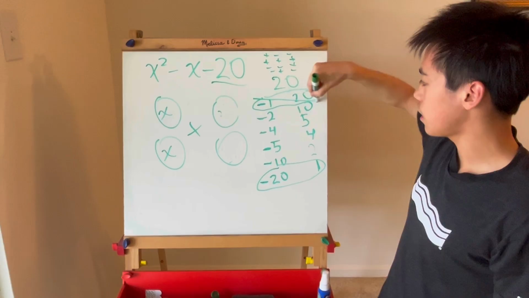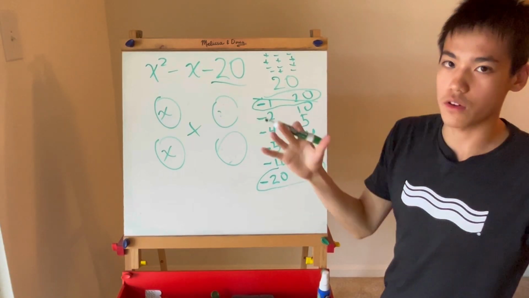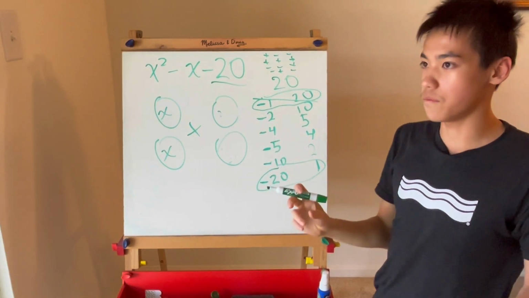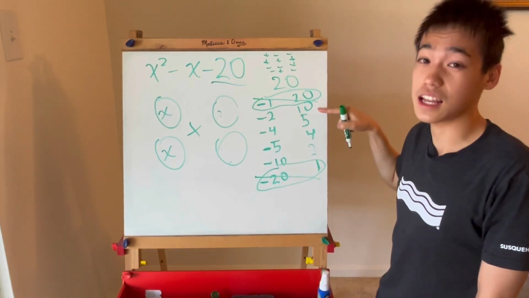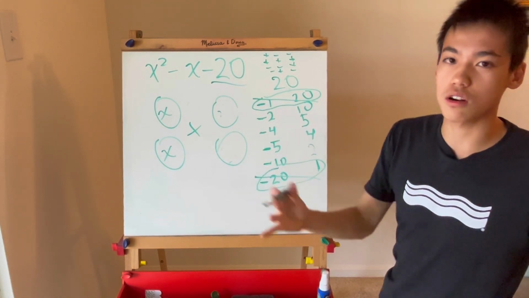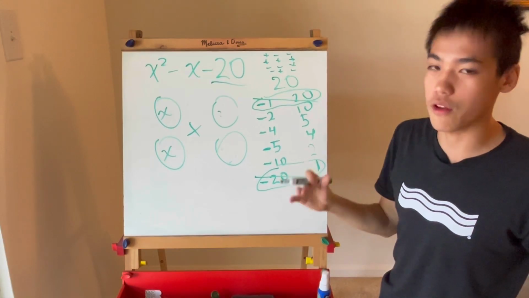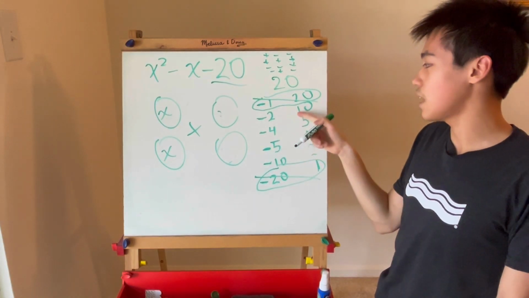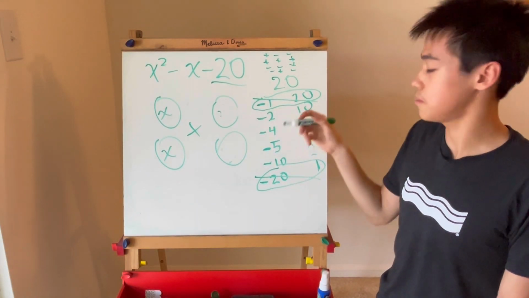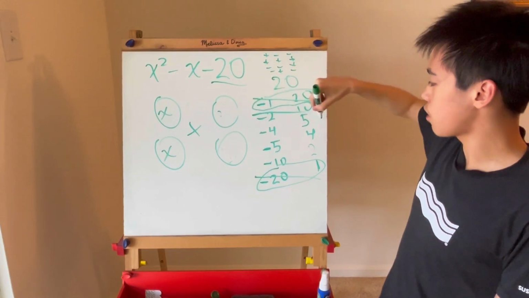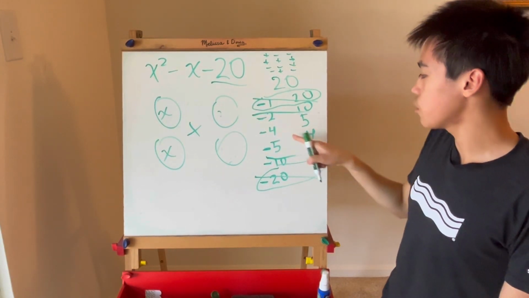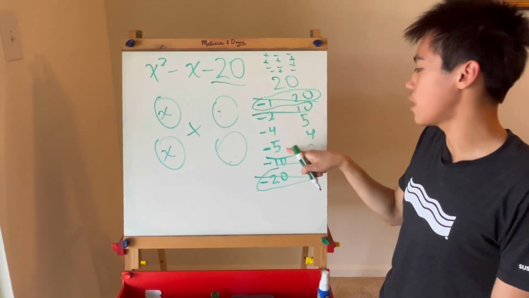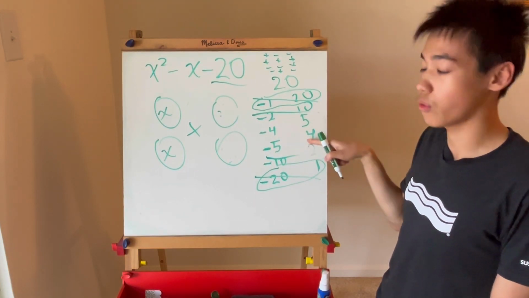So we can rule out -1 and 20, and -20 and 1. We can also rule out 10 and -2 because 10 and 2 are still very far apart. Indeed, 10 and -2 add up to 8. So we can rule this out. Again, we can also rule out -10 and 2. So now we're left with -4 and 5, and -5 and 4.